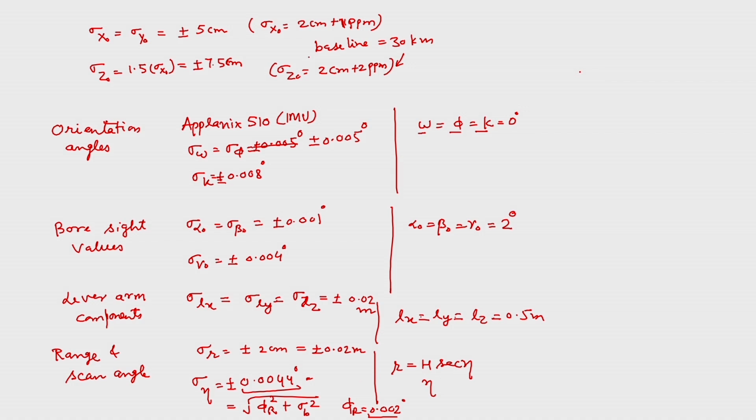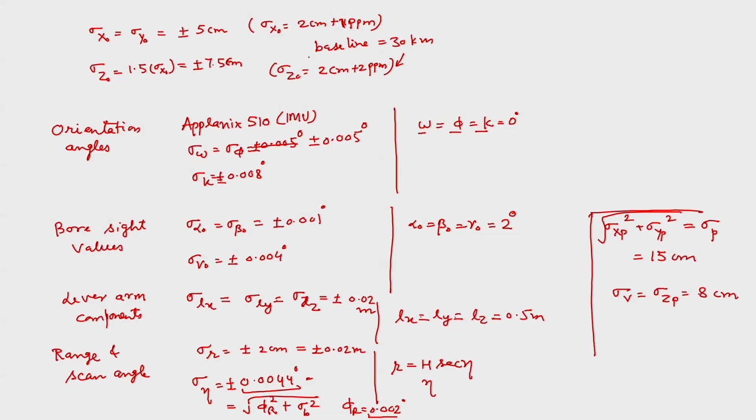So, if you put all these values, you will find that sigma xp square plus sigma yp square, that is sigma p, generally comes out around 15 centimeter, and sigma v, which is sigma zp, comes out around 7.5 to 8 centimeter.